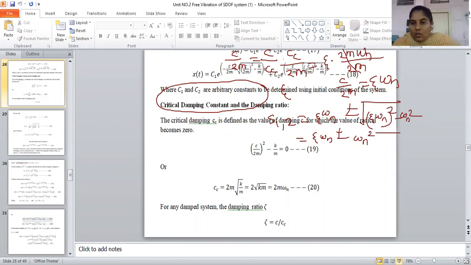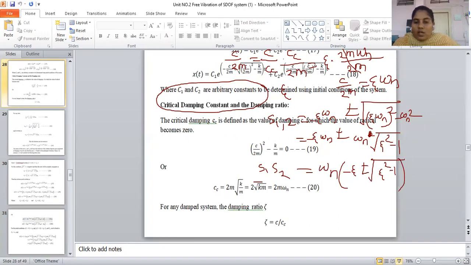So in bracket, that omega n outside, so zeta square minus 1 is remaining. So what is the factor S1 and S2? S1 and S2 is equal to omega n is the common term from both sides. So it will be equal to minus zeta plus or minus root of zeta square minus 1, times omega n. So that is the value of S1 and S2 in terms of this zeta.